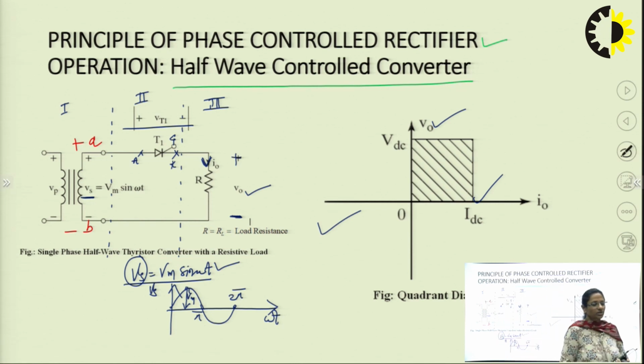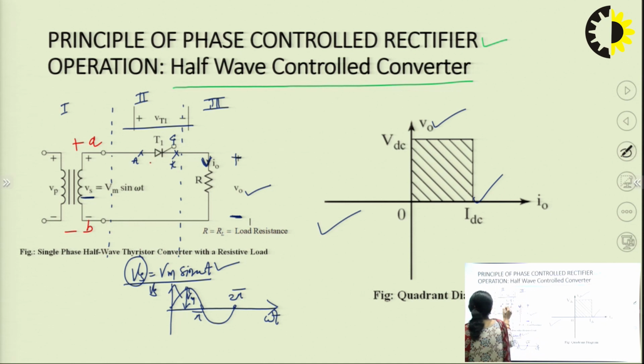During the positive half cycle we get one polarity of the voltage supply, and during the negative half cycle we get the opposite polarity. So during the positive half cycle, terminal A is positive with respect to terminal B, making the thyristor T1 forward biased.